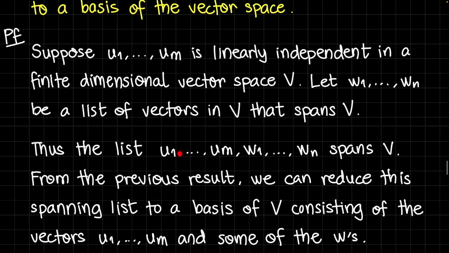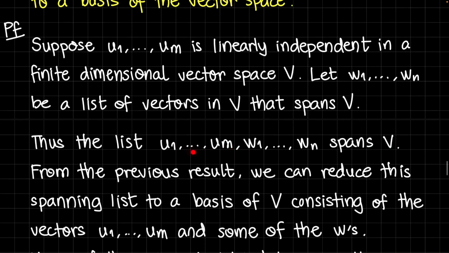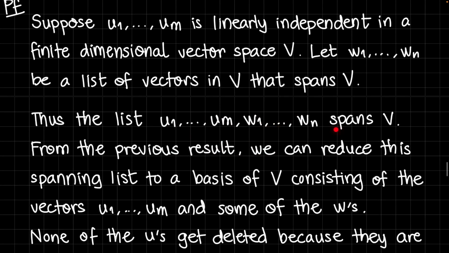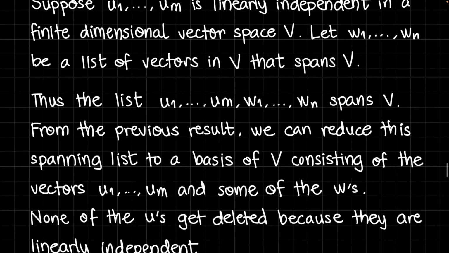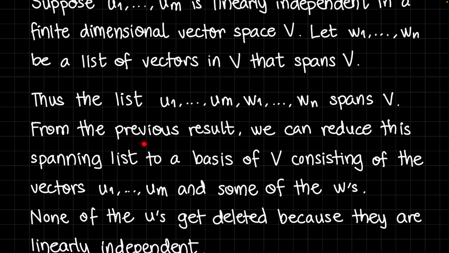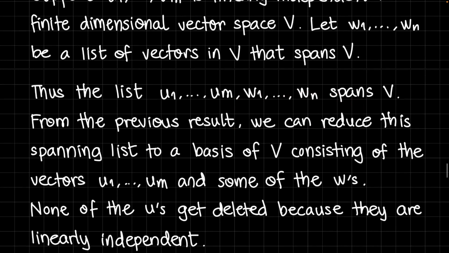So this grand total list spans V, because w1 through wn spans V. We can write each u1 through um as a linear combination of w1 through wn. So this entire thing will span V, because the w's do. And from the previous result, we can reduce this spanning list to a basis of V.